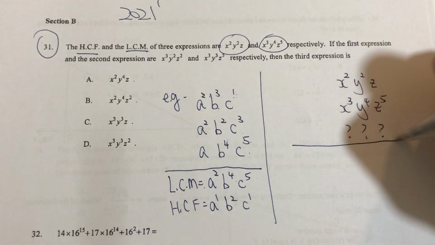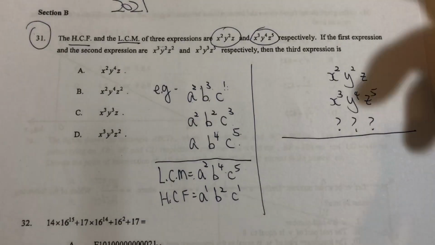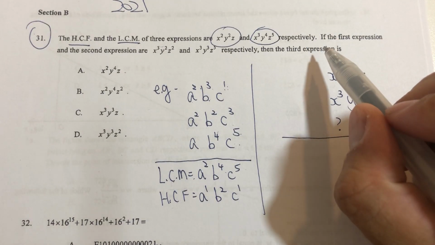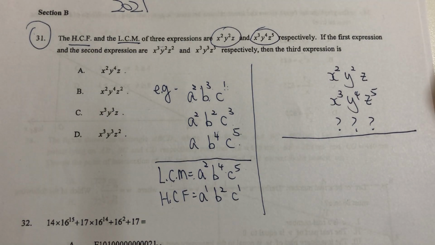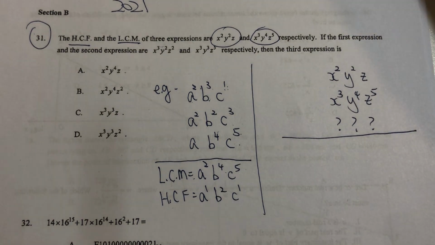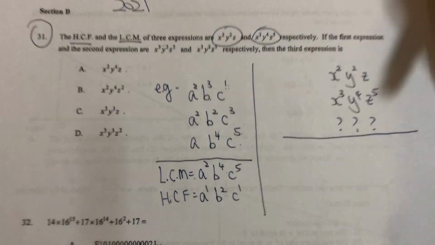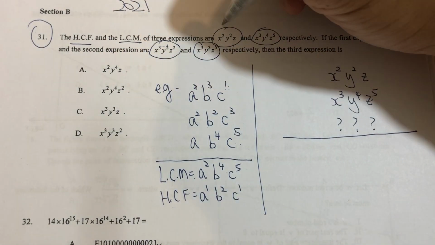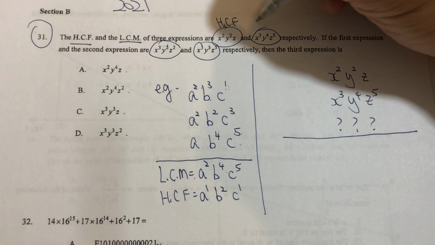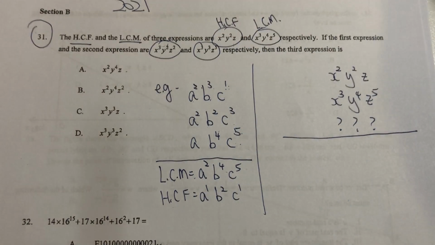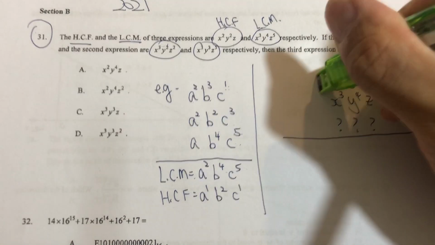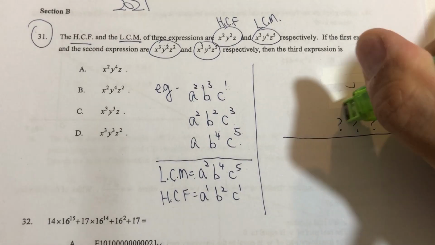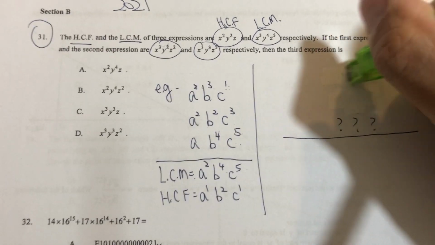Oh, wait. How could I overlook the question, I'm sorry. These 2 are not the expressions, these 2 are the expressions. So this is the HCF, and this is the LCM. So, let me make some changes.